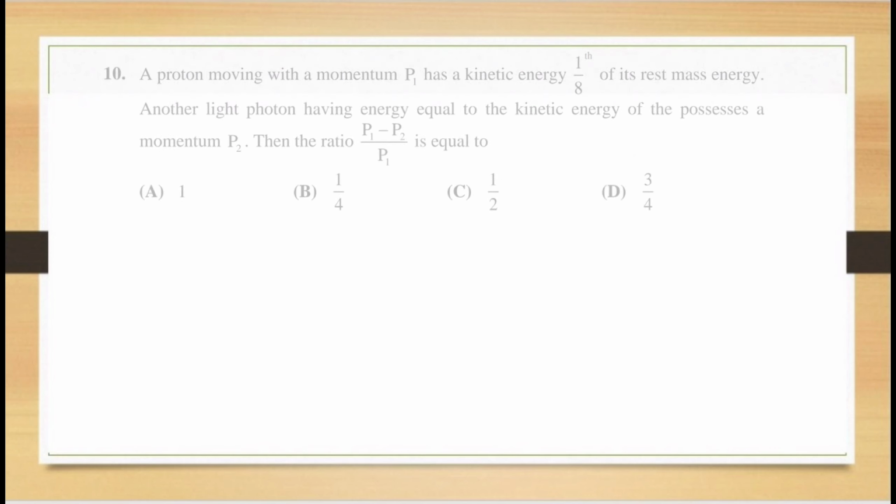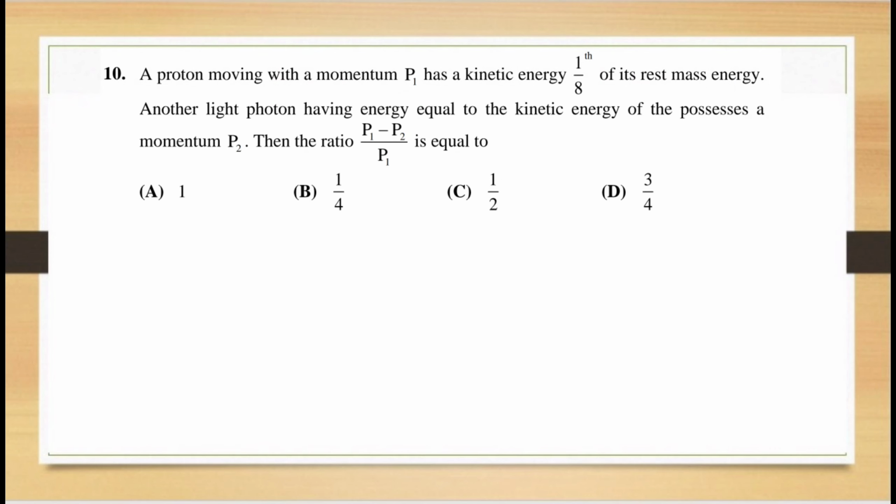10th question is, a proton moving with a momentum p1 has a kinetic energy 1 by 8 of its rest mass energy. Another light proton having energy equal to the kinetic energy of the proton possesses a momentum p2. Then the ratio of p1 minus p2 by p1 is equal to.